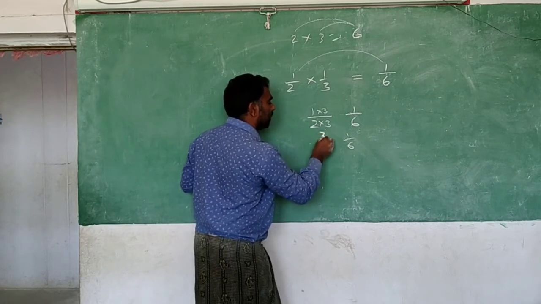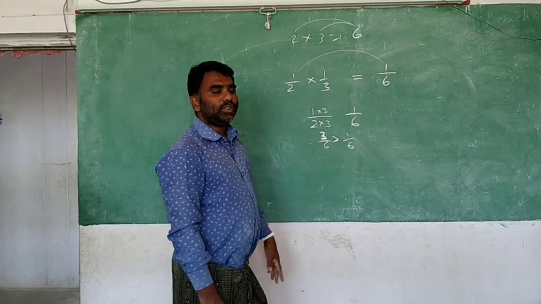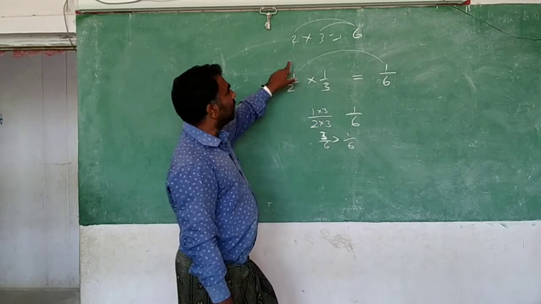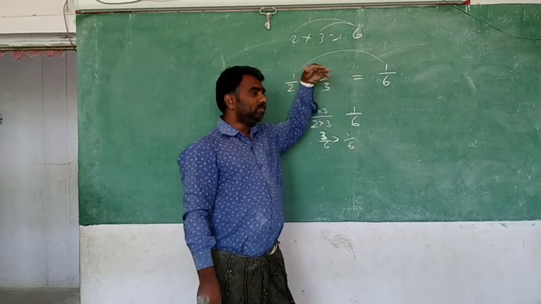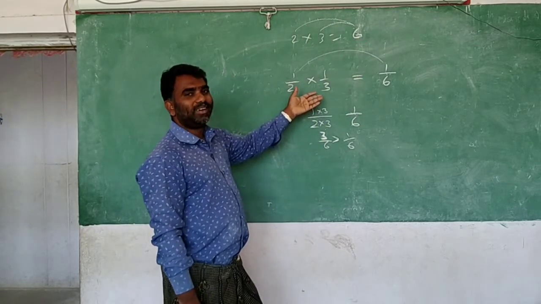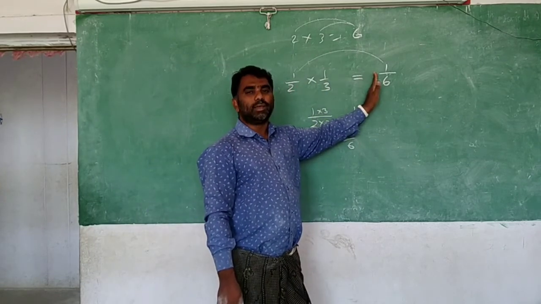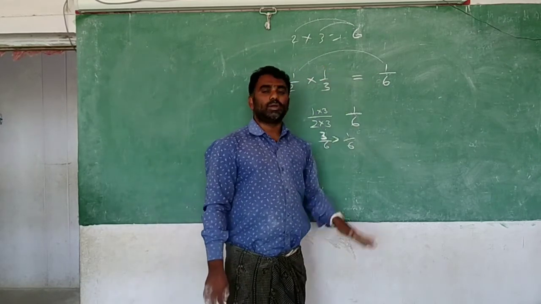Can you say which is bigger here? 3 by 6 is bigger. You see, in this, the number is bigger. But normally in multiplication, the product is bigger. But in this multiplication, what did you find? The product is not compulsorily bigger. The number is also bigger here than the product.